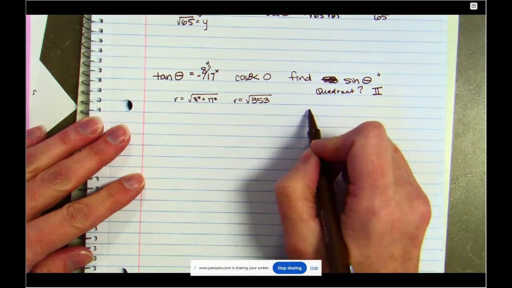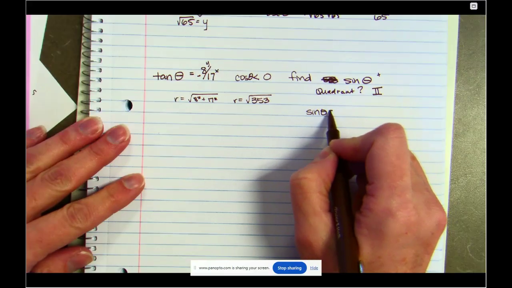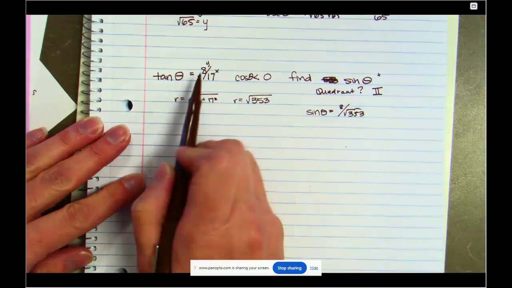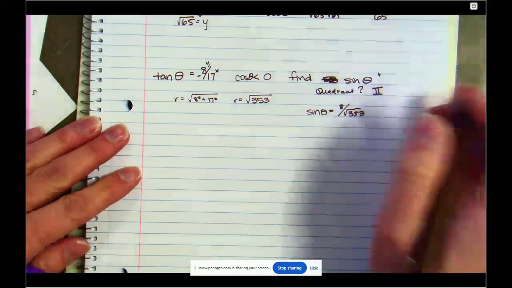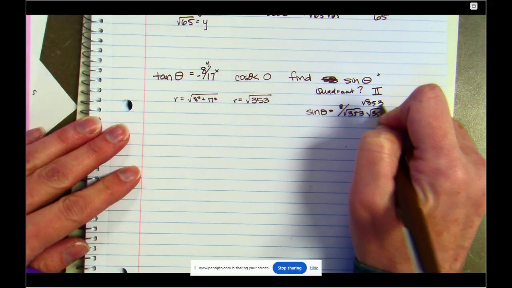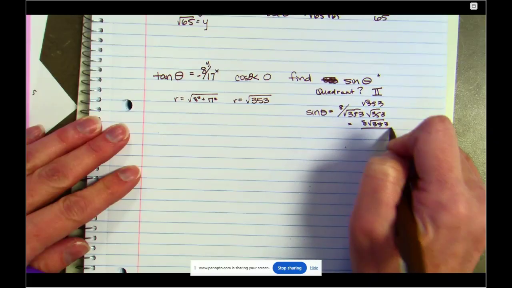So sine is going to be 8 over the square root of 353. It's positive. So even if you were like, hey, negative 8, well, it's got to be positive. So just don't worry about it. Rationalize: the final answer is 8 square root of 353 divided by 353.